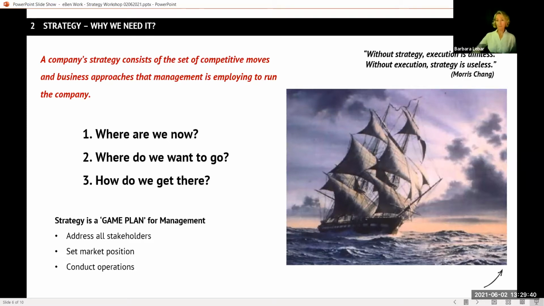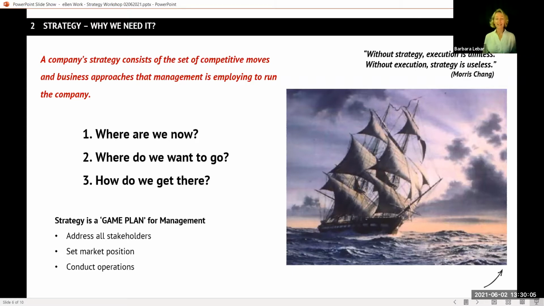Do we want to be number one on the market? Or do we want to be a leader in a specific niche area? Or do we want to be among the top 3 in a specific area? So it's how we want to position ourselves. And then what we need to do internally, so how to operate in order to achieve that.